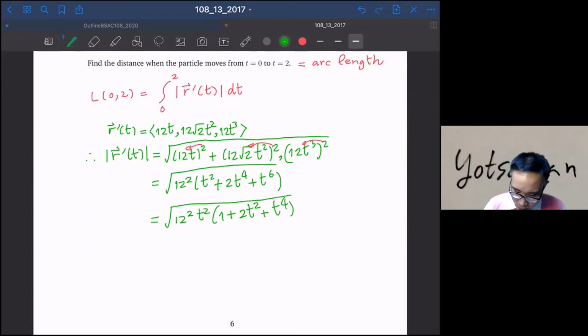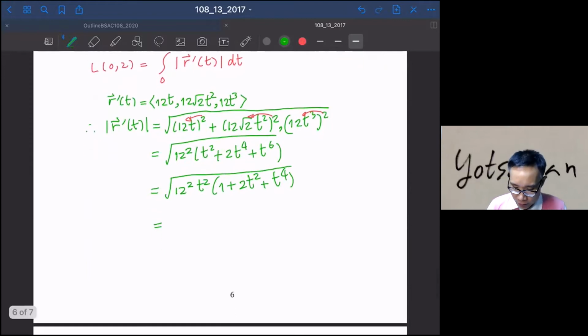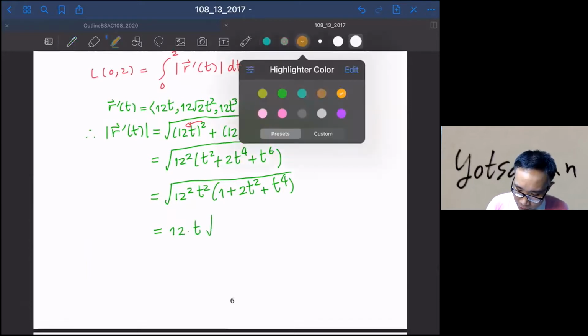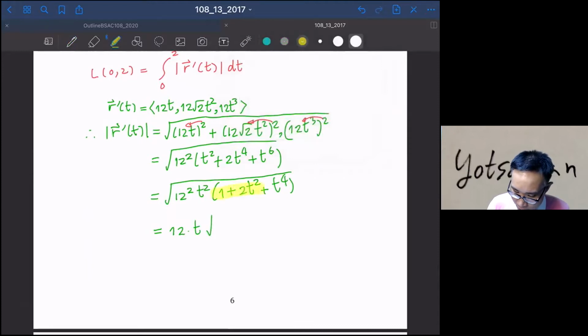And you see that when you take the square root, it's going to give you 12 times the square root of t squared, and you see this yellow guy here, 1 plus 2t squared plus t to the fourth. This guy is a complete square equal to (1 plus t squared) squared.